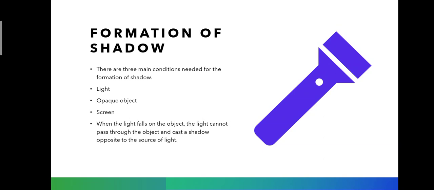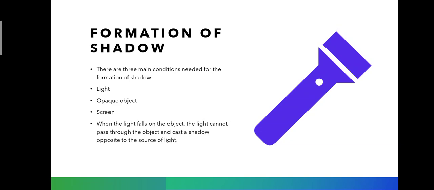Light and an opaque object are very necessary, because when the opaque object obstructs the path of the light, the shadow forms. And where will the shadow form? Not in the air, it will form on a screen.